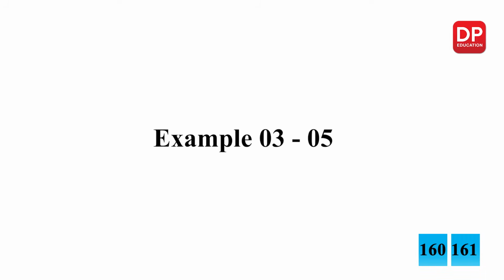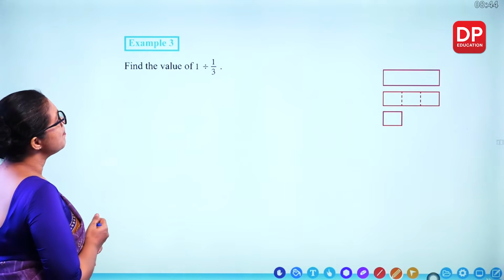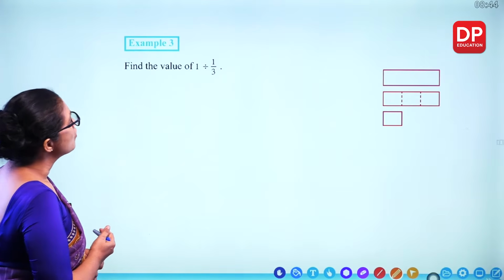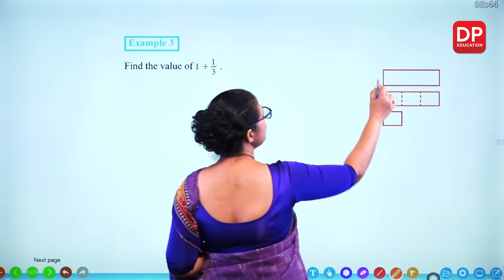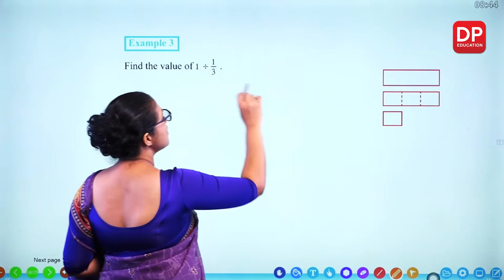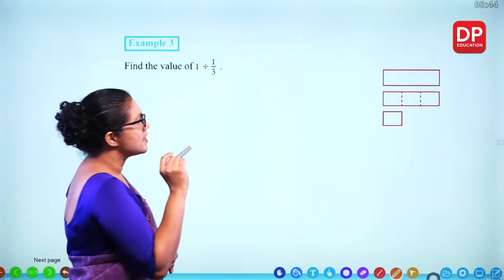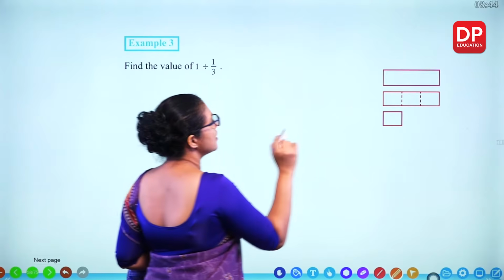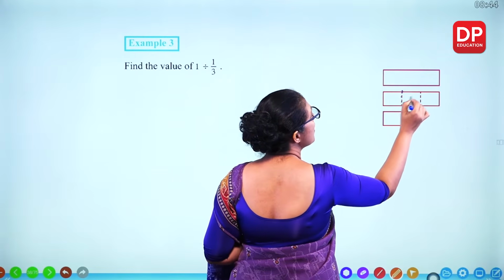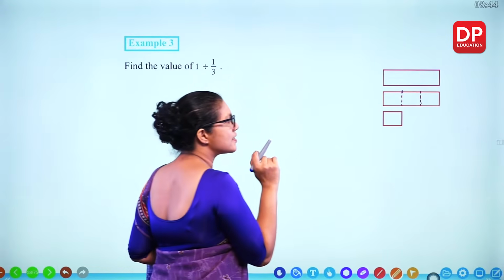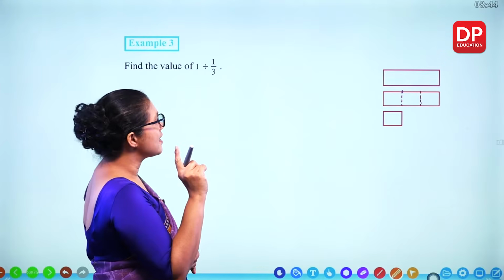Example number 3. Find the value of 1 divided by 1/3. So 1 is there. You are dividing this into 3 parts. So what you get? So divide by 1/3 means divide into 3 parts. So what's the answer?